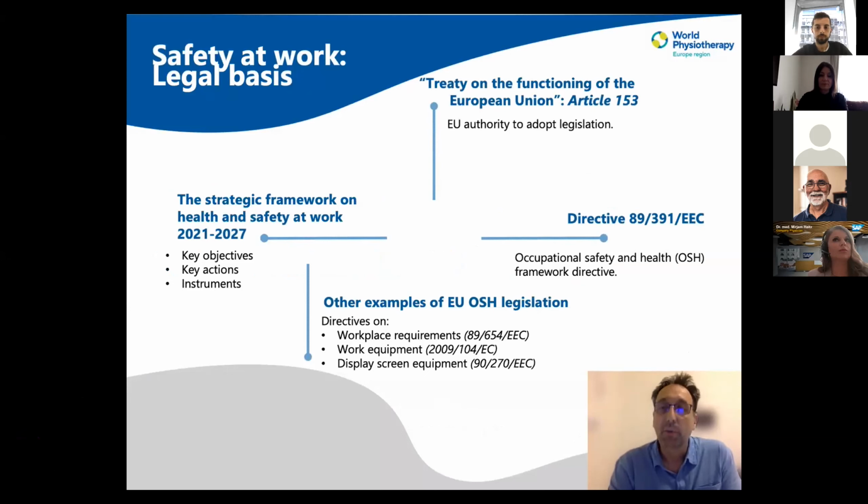Firstly, there is a legal basis for safety at work. Article 153 of the treaty provides the EU authority to adopt legislation. The Directive on Occupational Safety and Health Framework provides guidance on the issue together with some other directives listed in the slides, such as the Directive on Workplace Requirements, Work Equipment, and Display Screen Equipment.